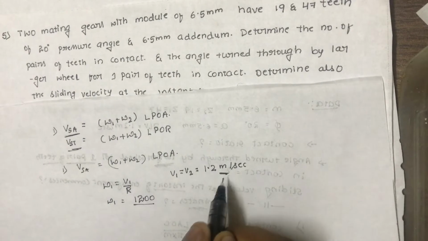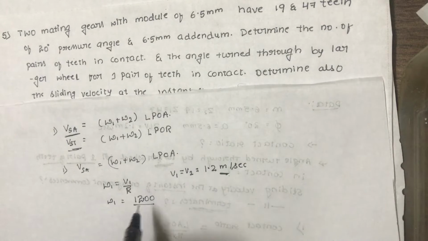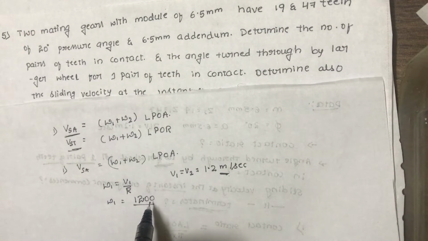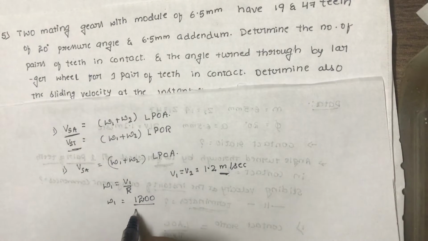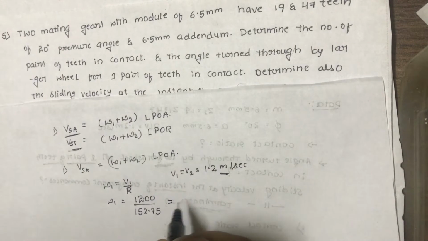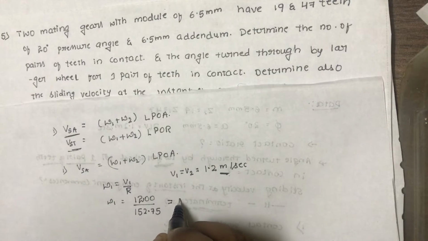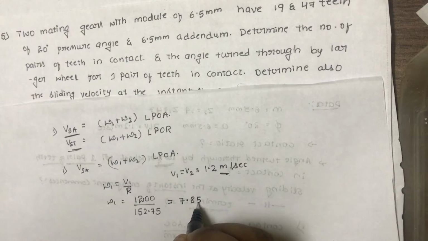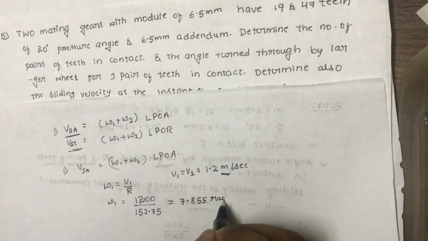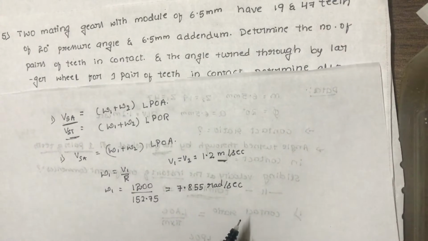Multiplying 1.2 by 1000 gives 1200, divided by capital R, 152.75, so you will get omega 1 as 7.855 radian per second. This is the angular velocity of the larger wheel.